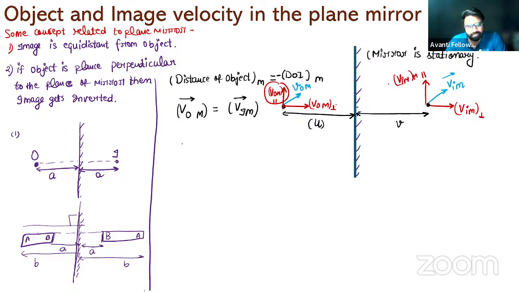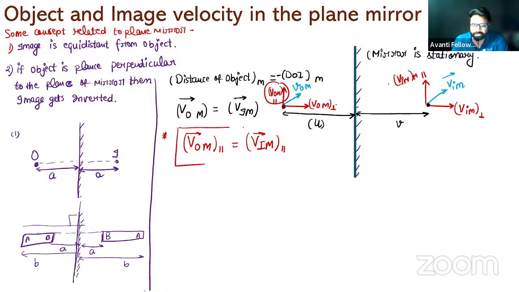So the first point to note is that the velocity of the object with respect to the mirror parallel is equal to the velocity of the image with respect to the mirror parallel. So these parallel velocities are equal and in the same direction. This is the condition when the mirror is not moving.